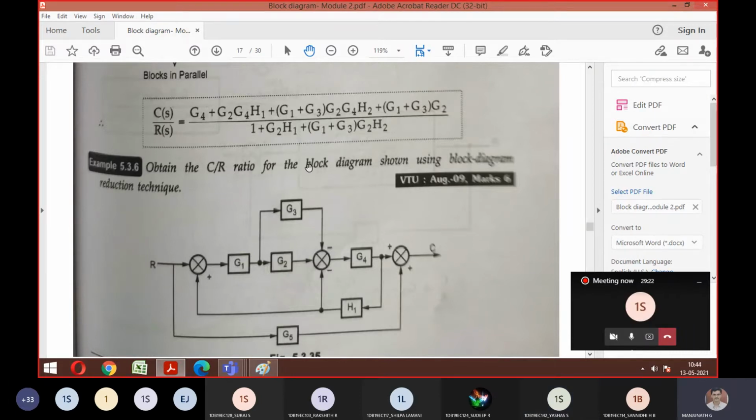I want everyone to solve this problem. Analyze and do. Blindly don't copy the things.